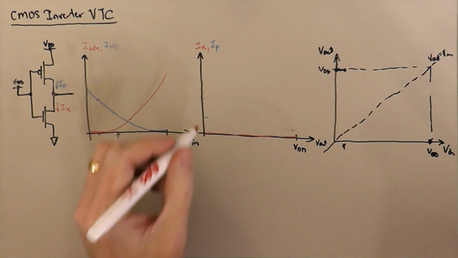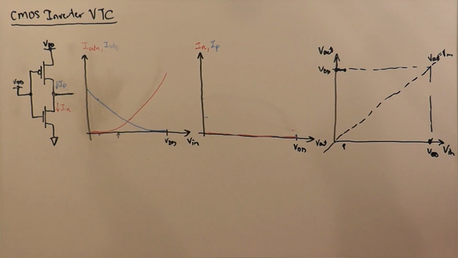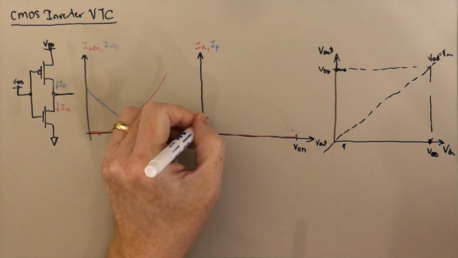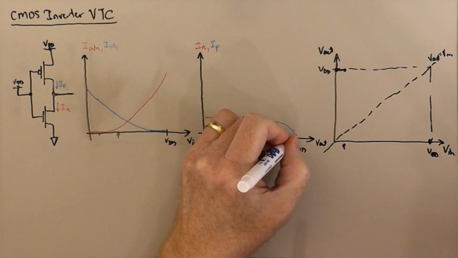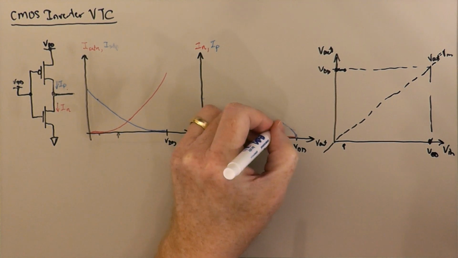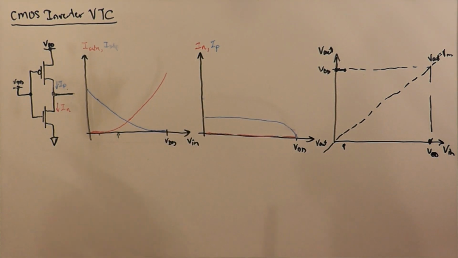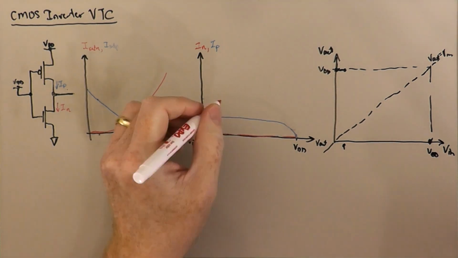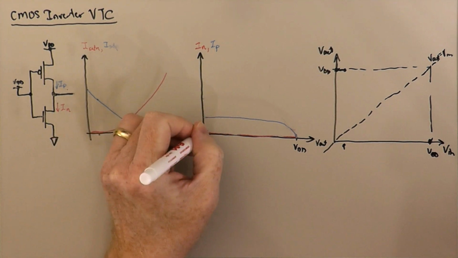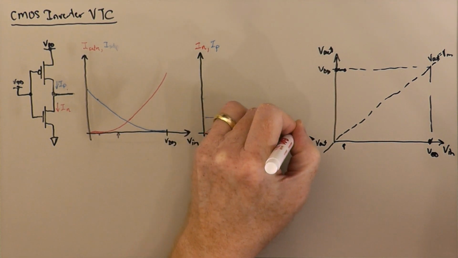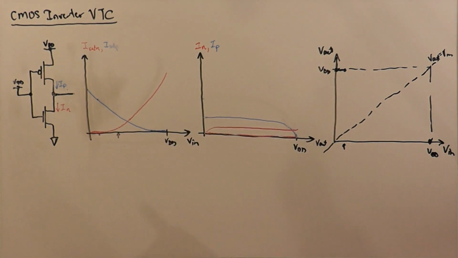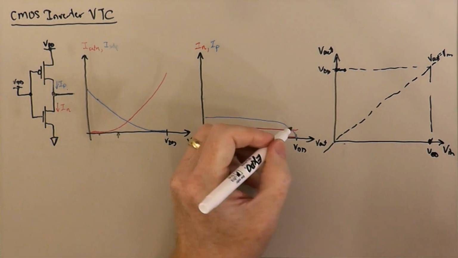And our PMOS drain characteristic is going to look something like this. It's going to saturate at a slightly lower voltage, while the NMOS transistor is going to be coming up and maybe look something like that. Well, the place where they're going to cross is right here.